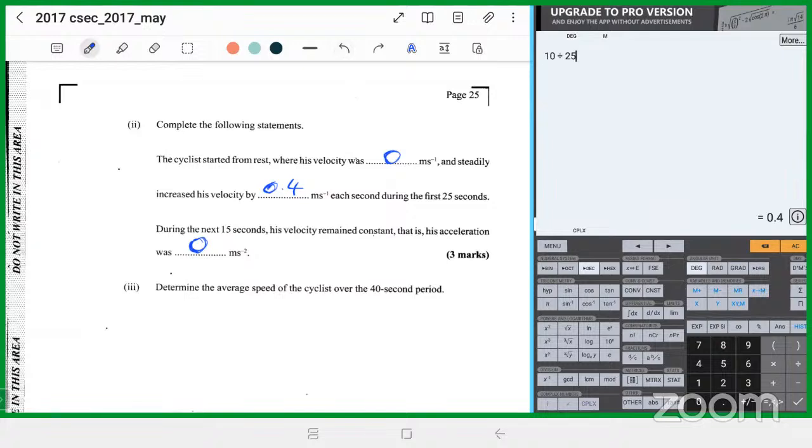It said determine the average speed of the vehicle. The average speed is the total distance over the total time. And the total distance is the area under the velocity time graph. So the average speed equals total distance traveled over the total time taken.